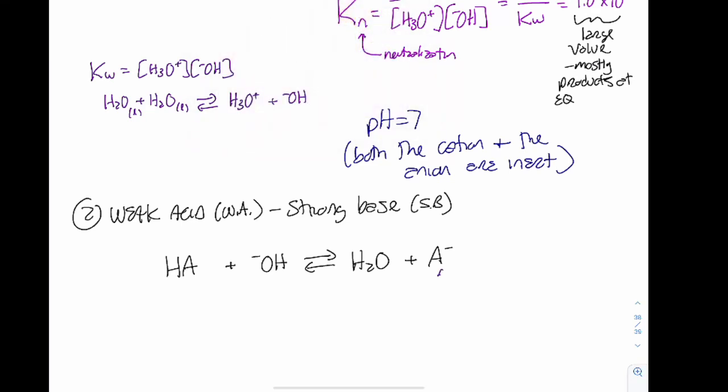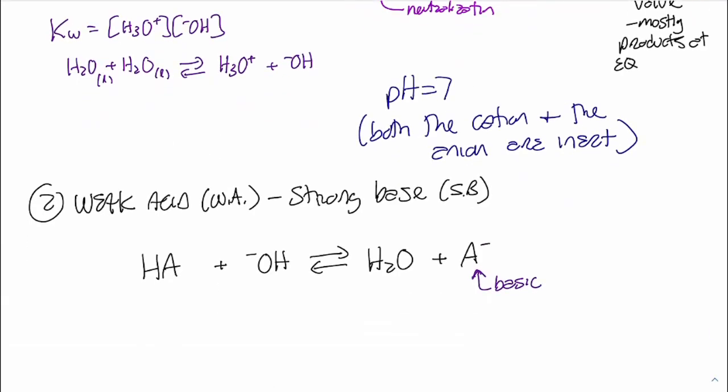This is basic, so it does react with water to produce hydroxide ions and the conjugate acid. Our pH then is going to be greater than 7. Again, that conjugate, I guess it's not even conjugate here, I shouldn't say that.